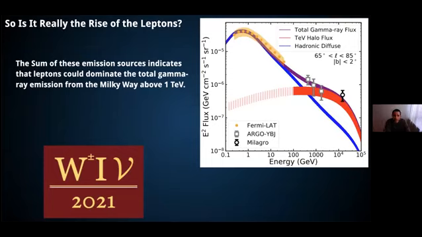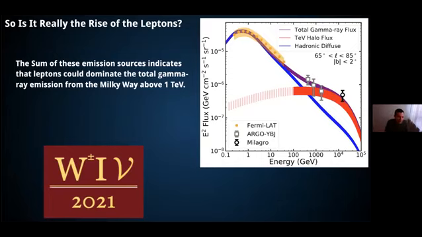And when you sum up this distribution, you actually find that these electrons can dominate the total gamma ray emission at TeV energies throughout the Milky Way. So here's the hadronic emission falling off sharply in blue, and the new dominant leptonic component at energies of tens of TeV. And I realize that showing a slide with a dominant electron component in the TeV range might get me thrown out of a conference like WIN.